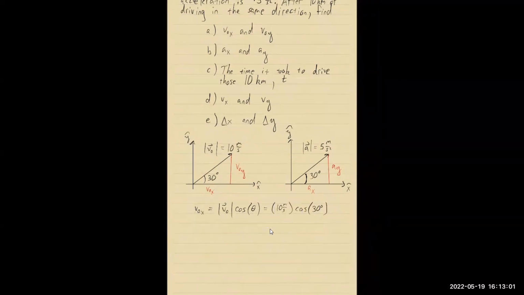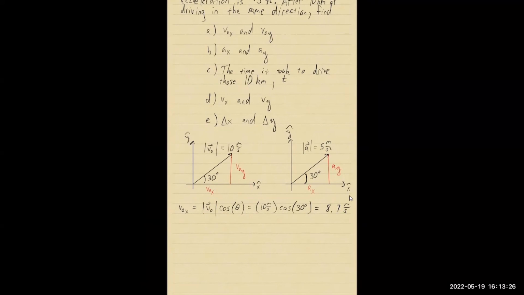Just like that. And so if you punch this into a calculator, you should get roughly 8.7 meters per second, because cosine of 30 degrees is 0.866. If you multiply that by 10, you get 8.66, which we're going to round up to 8.7.